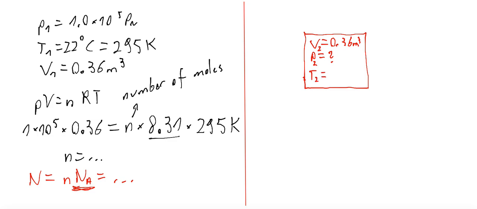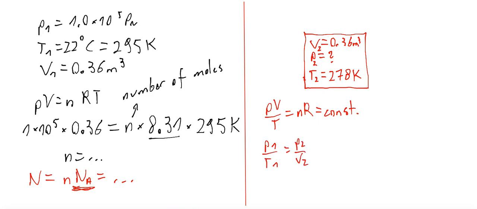But the temperature is less because 5 degrees Celsius is 278 kelvins. So we know that there is only one change, pressure. So the Clapeyron equation can be written in the form PV over T is nR, which means it's constant. And if volume is constant, it can be written in the form P1 over T1 is equal to P2 over T2.